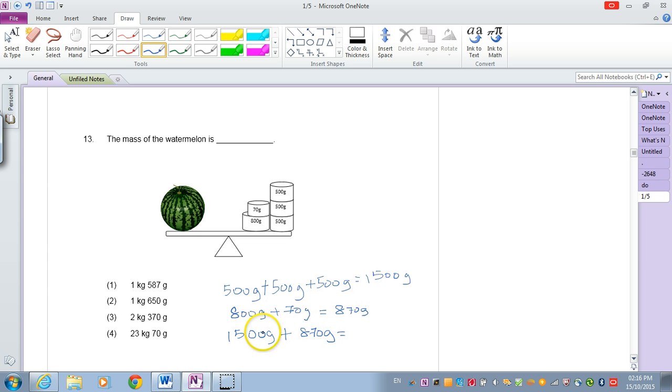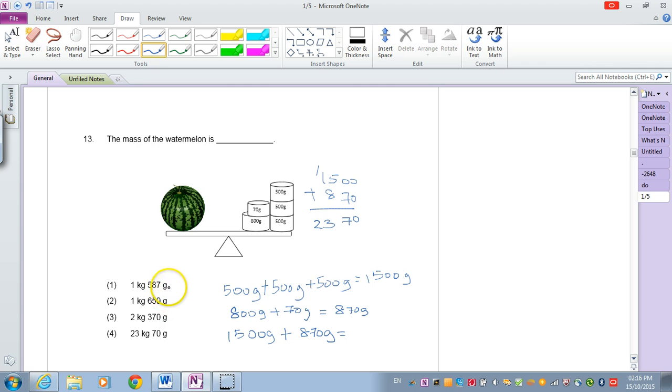So if you do your working, so 1,500 plus 870, so 0 plus 0, that's 0, 0 plus 7, that will give me 7 tens, and 8 plus 5, I will have 13 hundreds, so I have to regroup it. So 1000, I have another 1000 here, I'll have 2370. Now, so which is it?